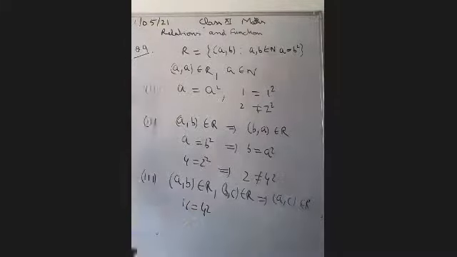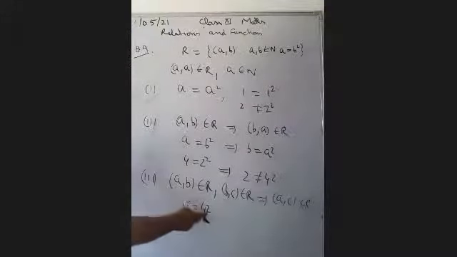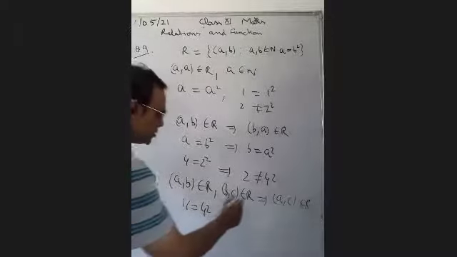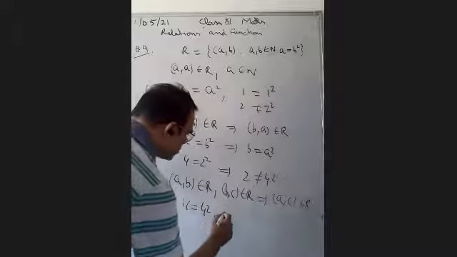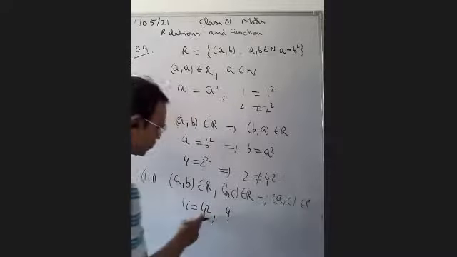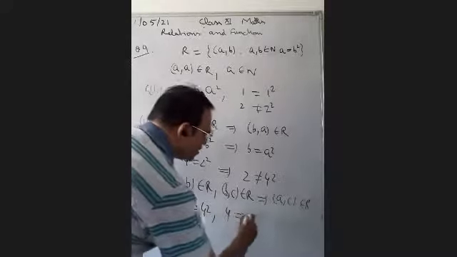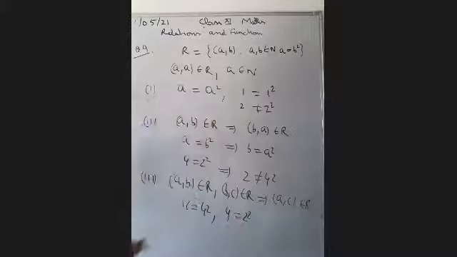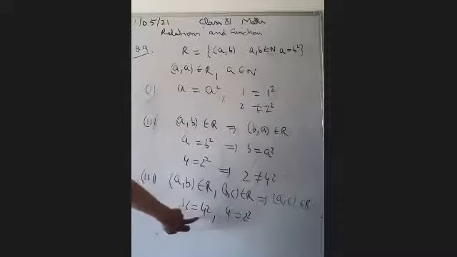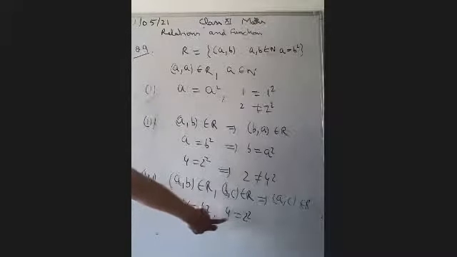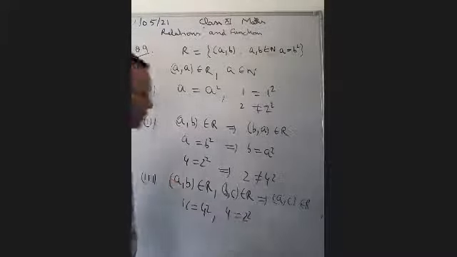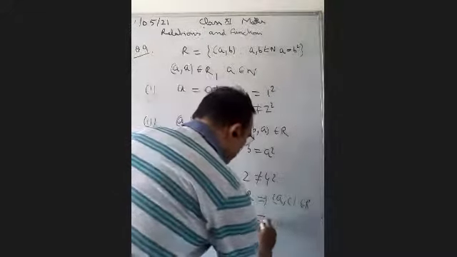In place of A we are taking 16, in place of B we are taking 4. 16 is equal to 4 square, and BC belongs to R. It means B we have taken 4, and C we are taking 2 square. That is, we are observing that A equal to B square and B equal to C square. Is this possible?